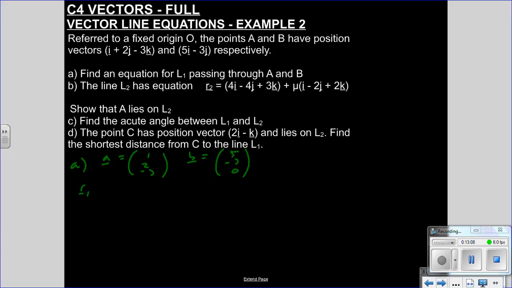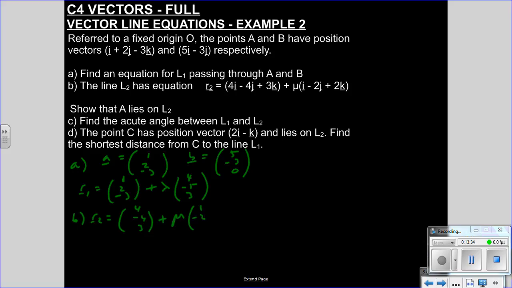L1, so that's our r1, should be getting used to this now. So A plus lambda AB, which is B minus A, so 5 minus 1, minus 5, and 3. There's r1. Done.